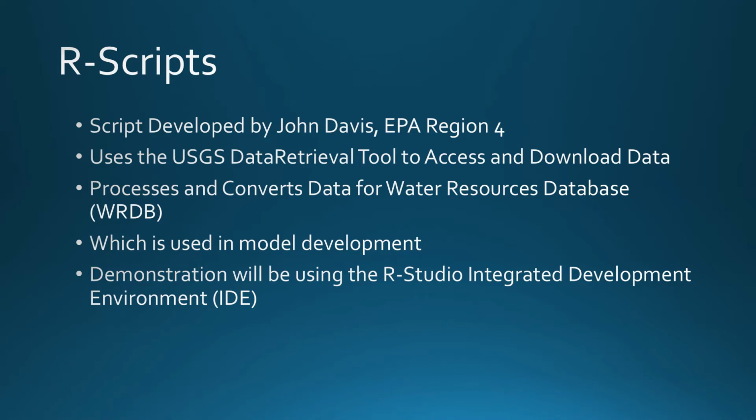I just want to point out, as you start looking at scripting languages, you should pay attention to the various integrated development environments that are available, because it makes these tools a lot easier to use. The most prevalent one used for R is called RStudio. It's a free program, and it's pretty much a comprehensive development environment that helps you with R programming.